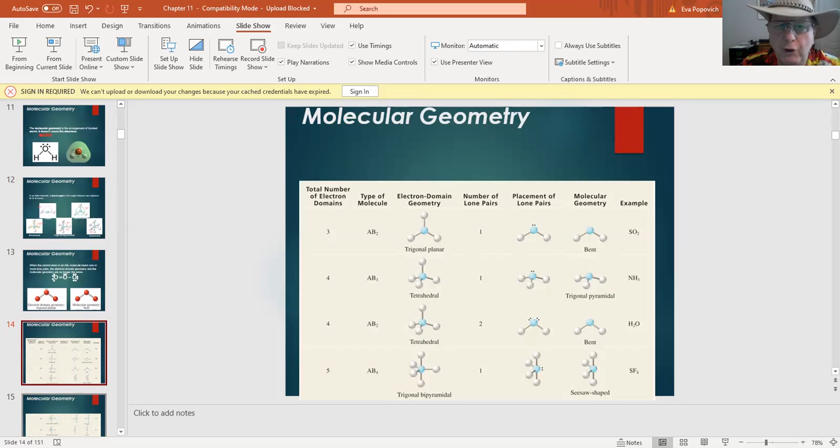So if I have 3 electron domains, no lone pairs, 3 electron domains dictates an electron domain geometry of trigonal planar. If I have no lone pairs, I have a trigonal planar molecular geometry. If one of those is a lone pair, I have a bent.